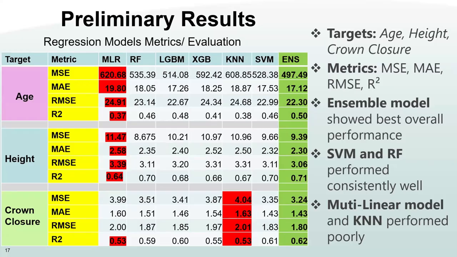Random forest and support vector machine also performed quite consistently well, but the traditional linear model and KNN performed poorly. This highlights the importance of ensemble learning in predicting continuous forest attributes.